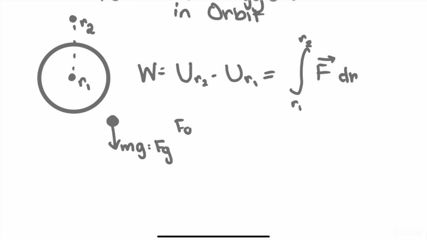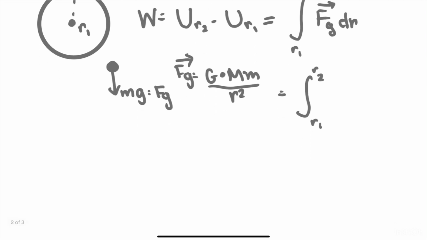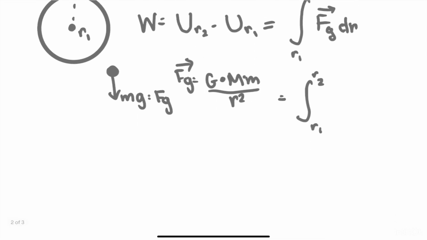And we know that Fg is equal to the gravitational constant times both of the masses divided by r squared. So now that we have our force vector, we can continue to simplify the integral, which is pretty simple.